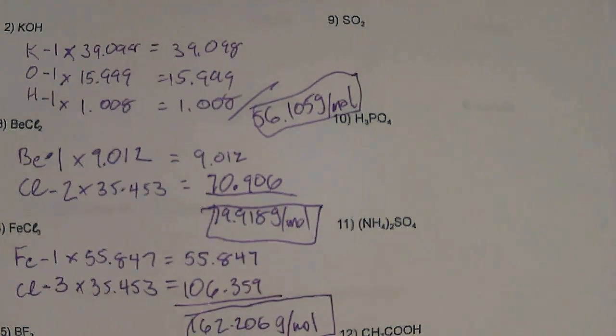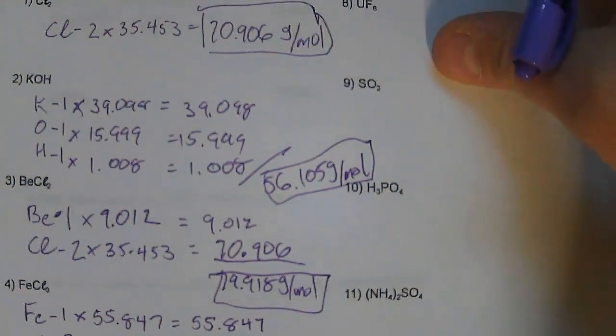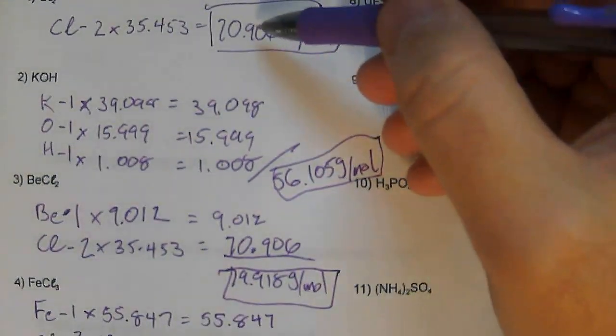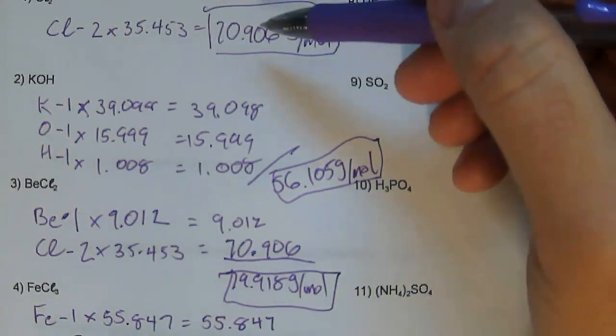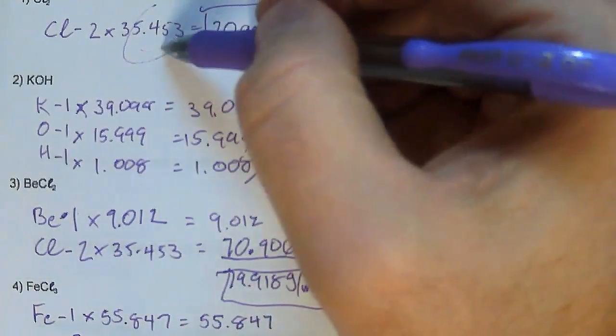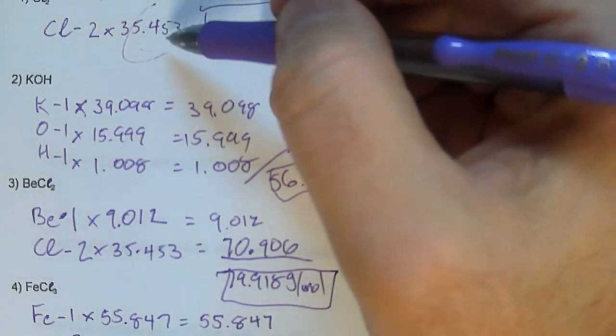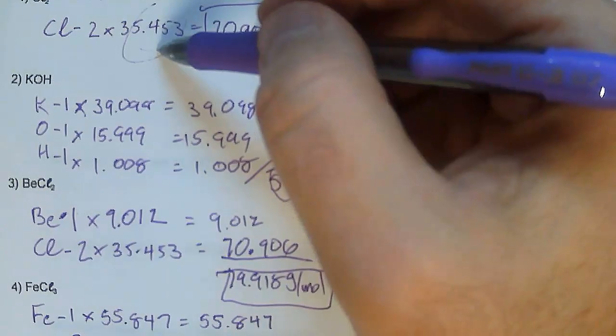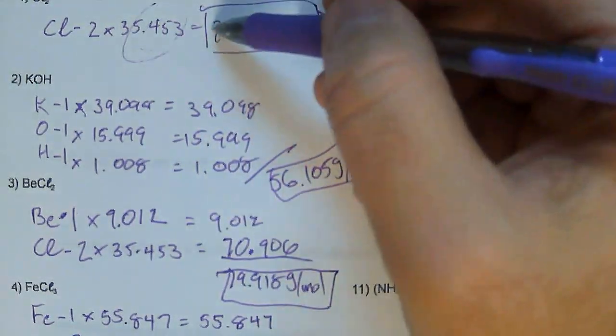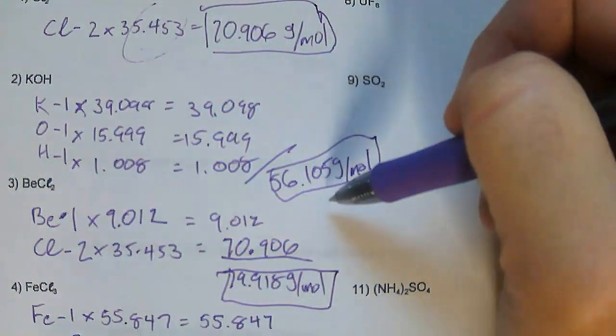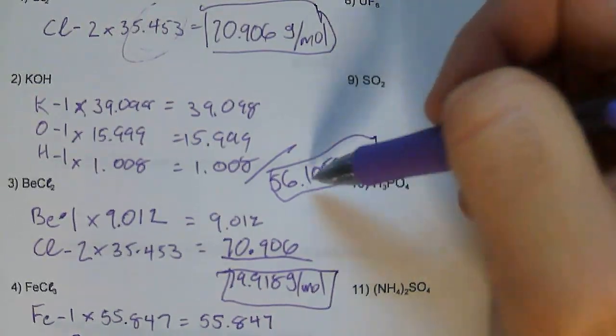Let me say this before I start the next column here: if you do this and your answer is roughly the same and just a little bit off, that's because you used a slightly different number for the molar mass of the elements. So don't get alarmed if this is a little bit different, within reason.